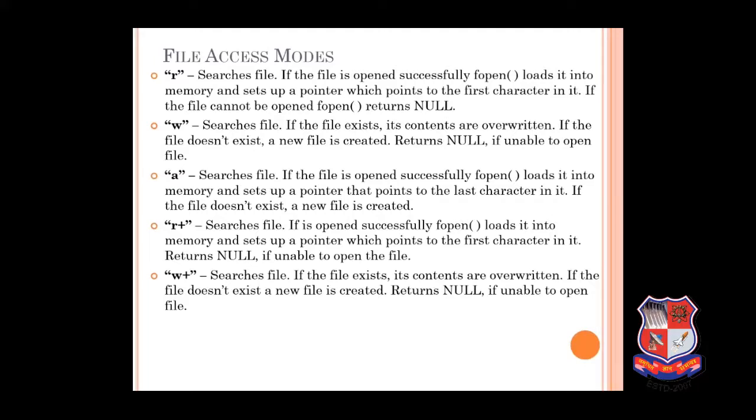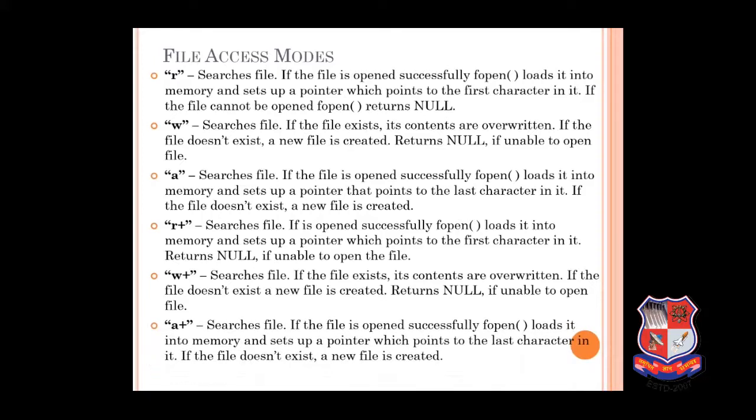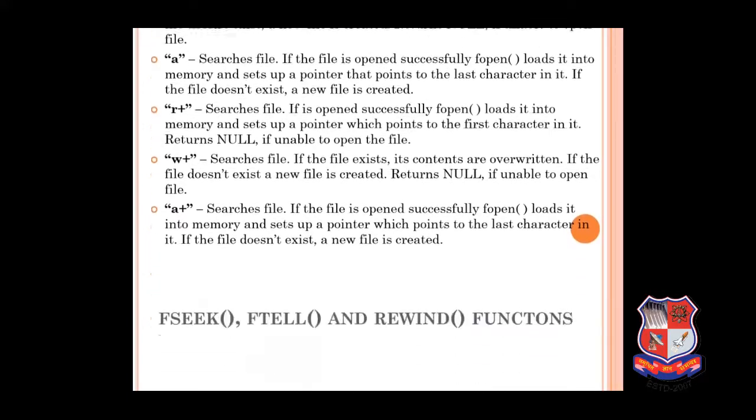If the file does not exist, a new file is created, and it will return null if it is unable to open. And last is A plus. It searches the file. If the file is opened successfully, it will point to the last character. If the file does not exist, it will create a new file. So in A or A plus, we can read the file, and we can write the file from the last character, we can add data into an existing file. These are the file accessing modes.